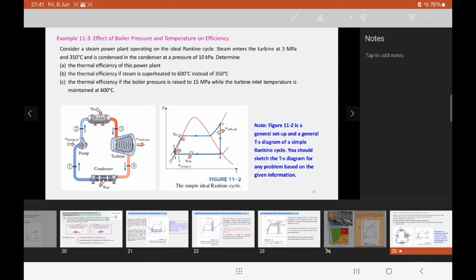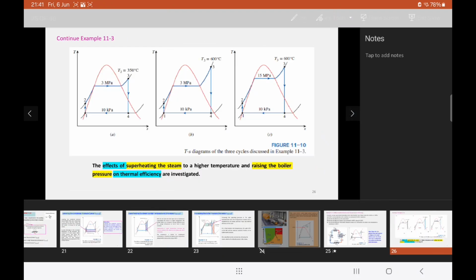So you can do the working on your own, but then at the end you need to look at the TS diagram, the temperature versus entropy diagram that you get. This is figure A, basically the initial case without any changes, and then figure B is when you are investigating method 2, where you increase your steam temperature, increase T high average.